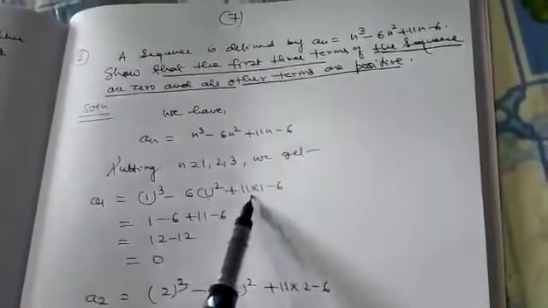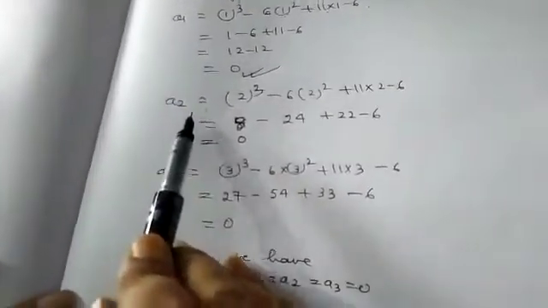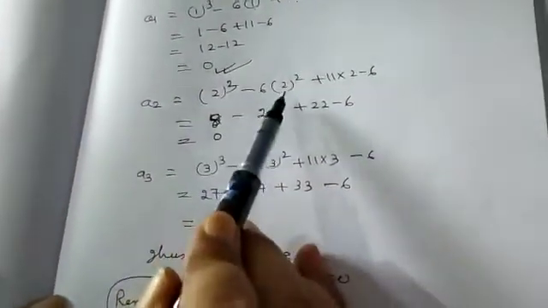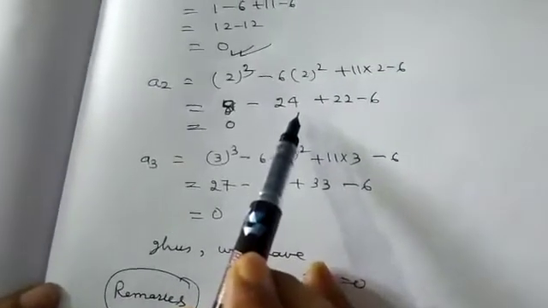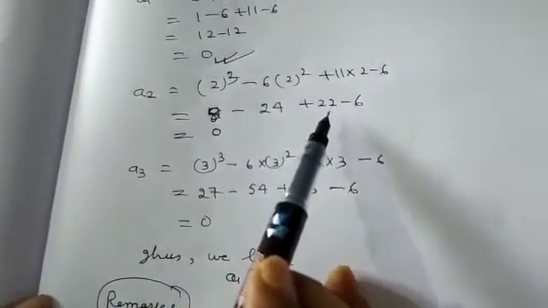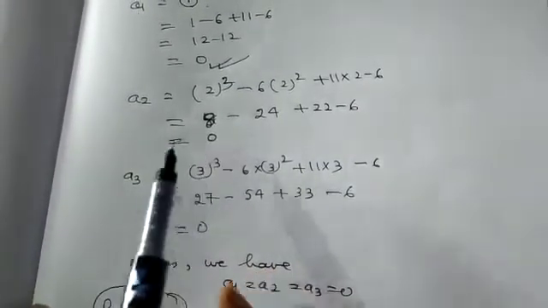We put n equal to 1. By putting n equal to 1, we get 1 cube minus 6 times 1 square plus 11 times 1 minus 6, and this is 0. Similarly, for n equal to 2, we have 2 cube minus 6 times 2 square plus 11 times 2 minus 6, that is 8 minus 24 plus 22 minus 6, which equals 0.